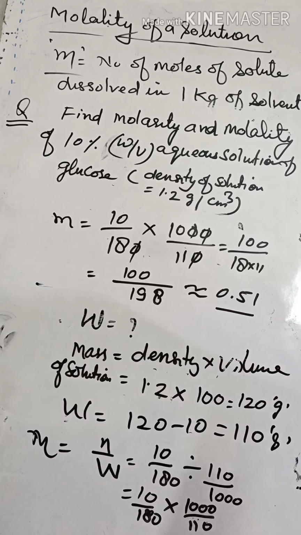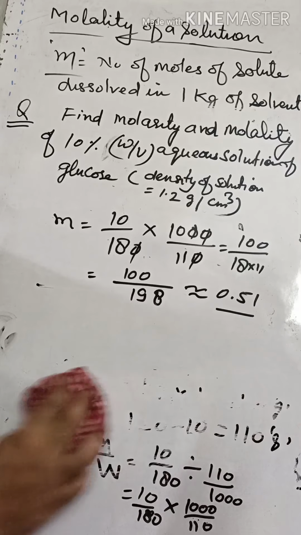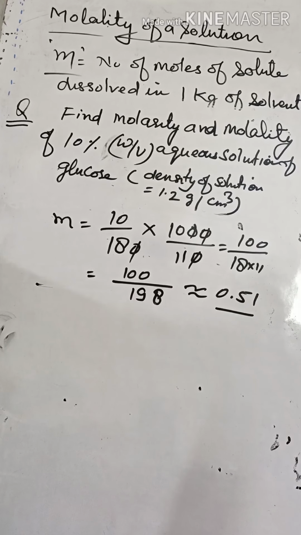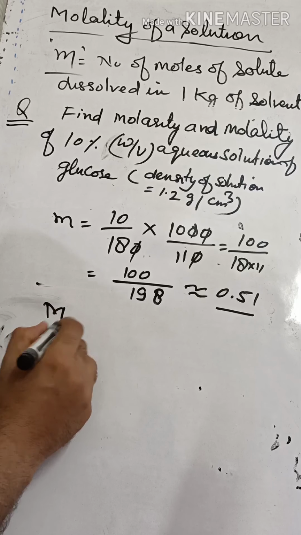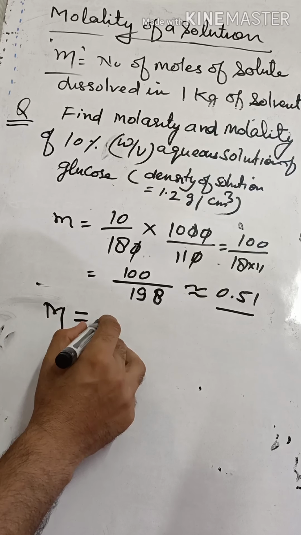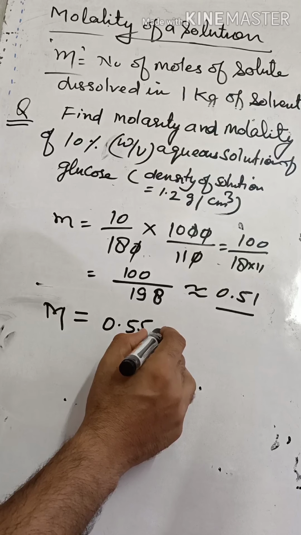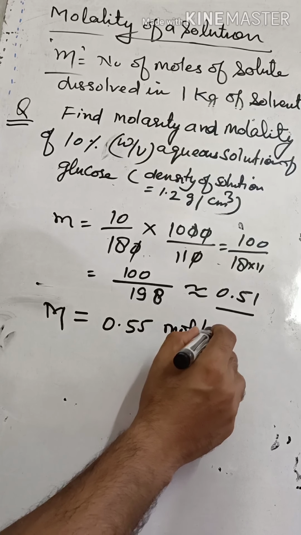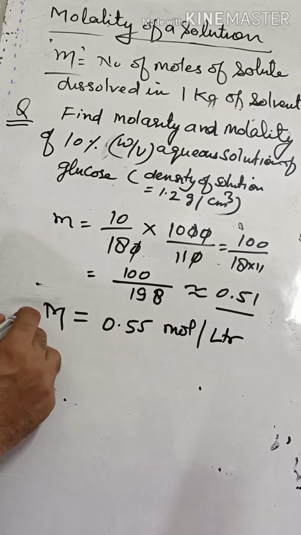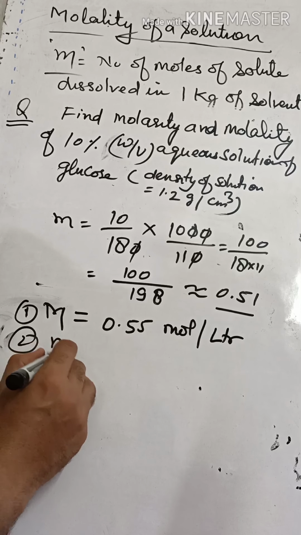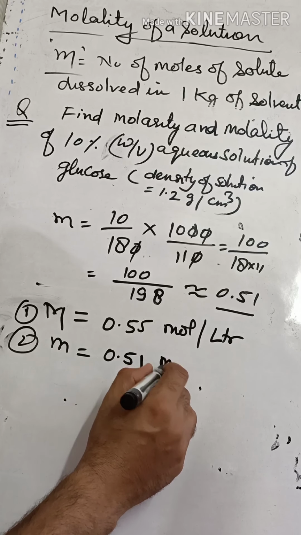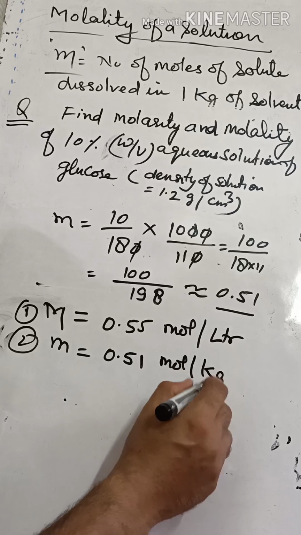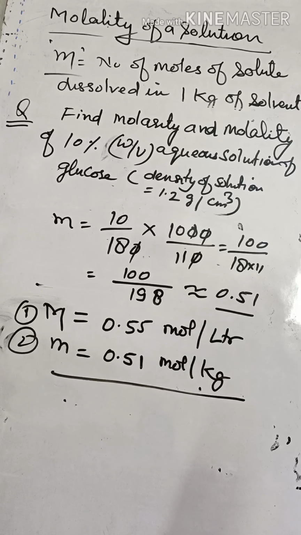So molarity is equal to 0.55 mole per liter and molality is equal to 0.51 mole per kg. So this is the answer.